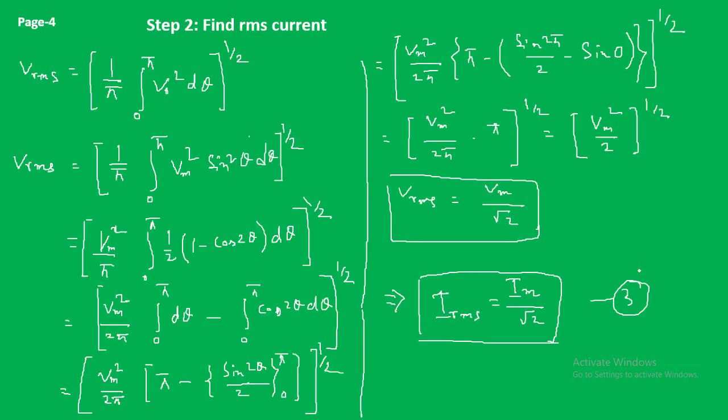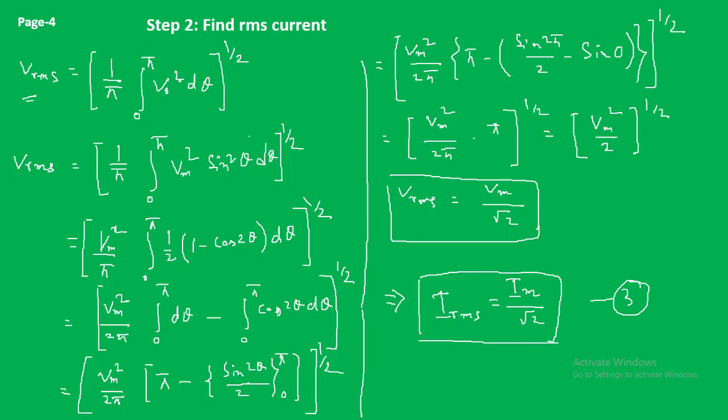Next we will find the RMS current. Once again we start with V_RMS; we first find V_RMS, then extend that to find the current. V_RMS is 1 by pi, the base part, integrating from 0 to pi.